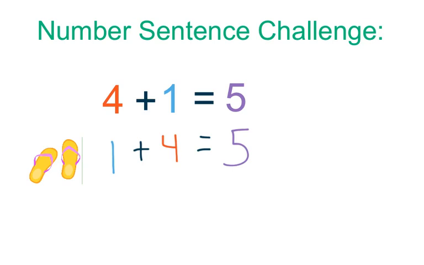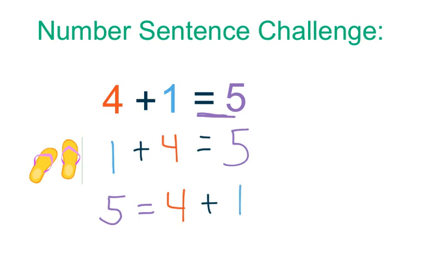I also told you that our total, 5, doesn't always have to go last. So now it's his turn to go first. Let's put 5 first. But who does 5 have to go next to? The equal sign. 5 equals 4 plus 1.